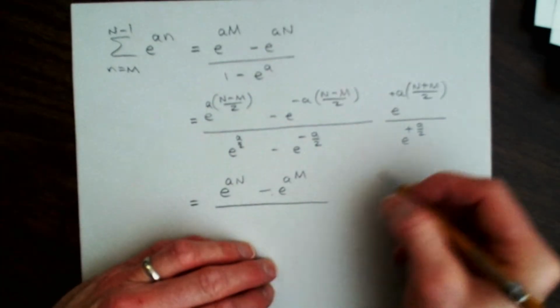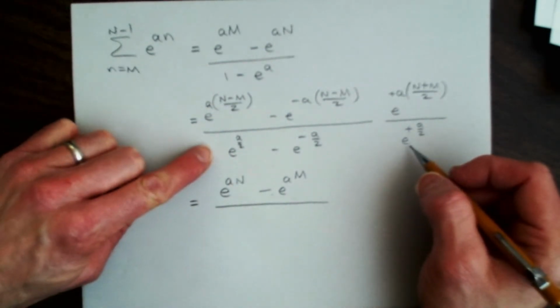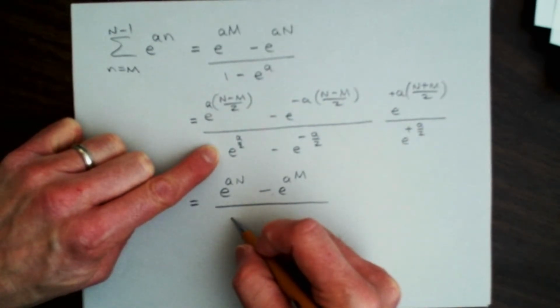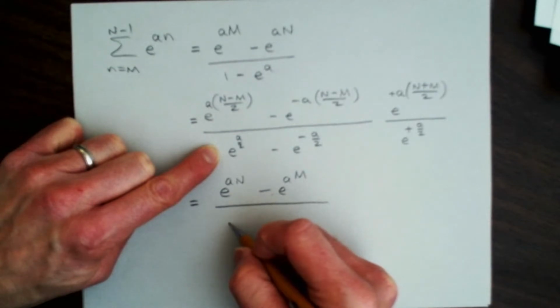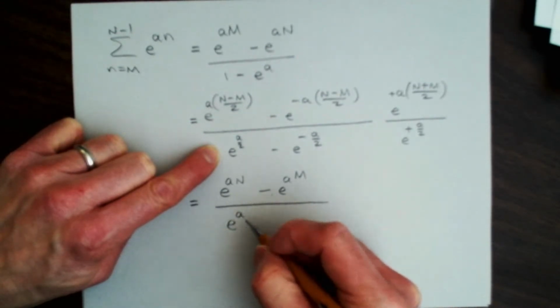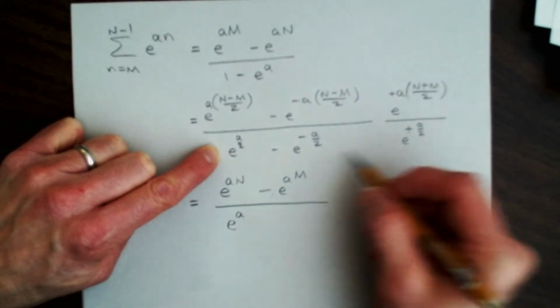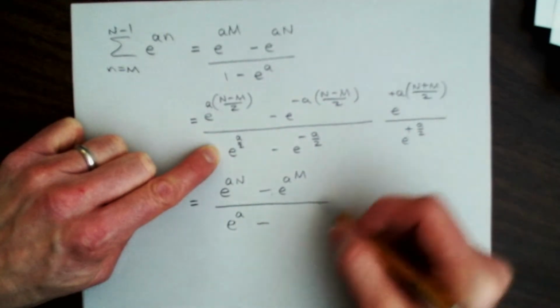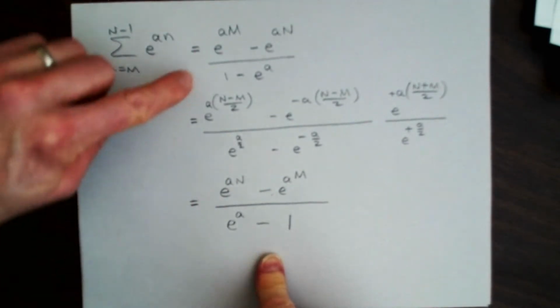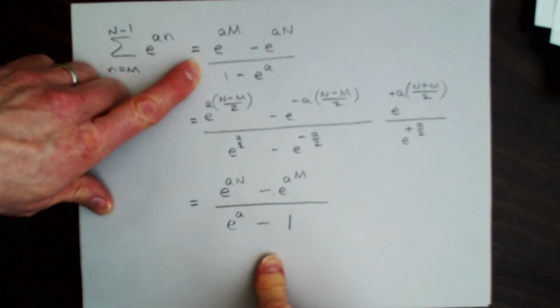Let's look at the denominator now, and then we'll compare with what we should have. So here I'll have e to the a, and then when I multiply these others together, I'll have 1. Now what we should have obtained is something that looks like this.